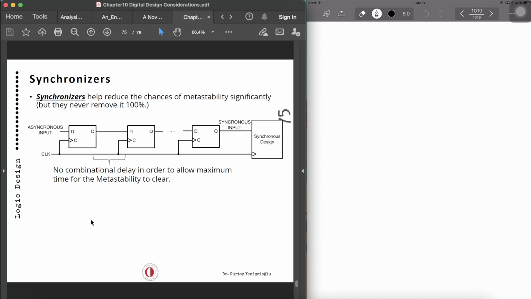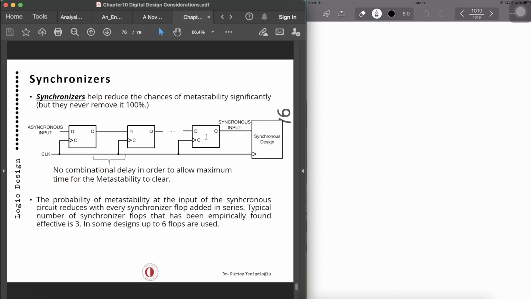Again, it's not 100% going to remove the metastable states, but if we synchronize the asynchronous inputs with a number of flip-flops and then feed them into the synchronous design, at least we can minimize it, because we can synchronize with the clock from one end to the other, with no combinational delay. So we make sure the input is changing the output based on the clock, not by itself.